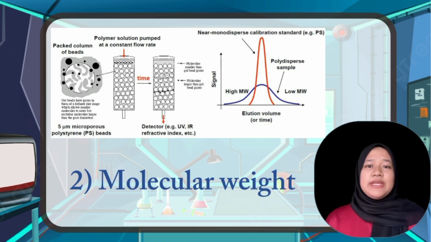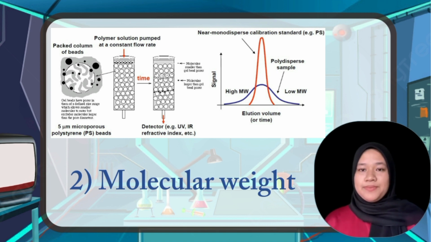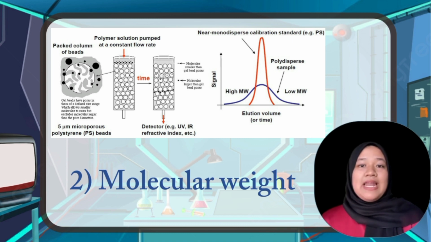By comparing the elution times of a polymer sample to standards with known molecular weights, you can create a calibration curve. This curve allows you to figure out the molecular weight of the polymer you are studying.